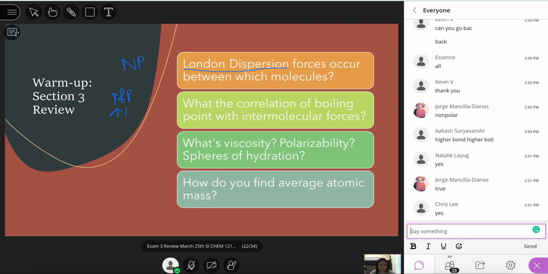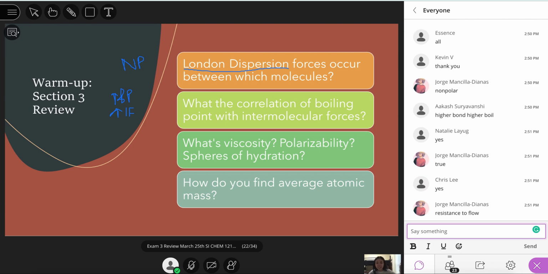And then what's viscosity? Does anyone remember what that is? This is just a straight up definition. Resistance to flow, exactly.